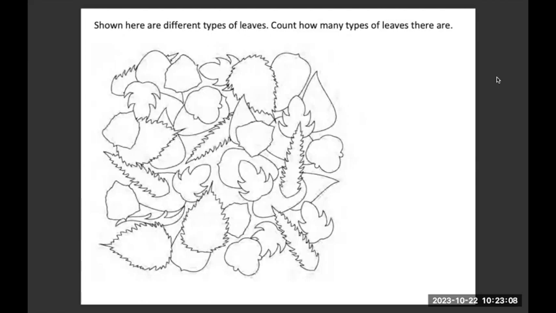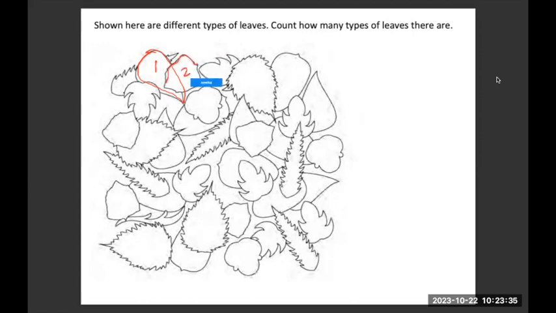Okay, 1 second. This leaf that is different. So 1. This leaf is also different.